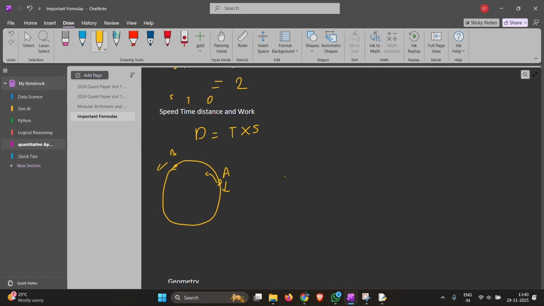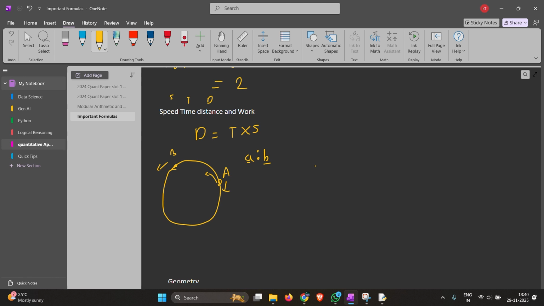But a simple way to solve these types of questions is this: let's say the speed of A is A and the speed of B is B, in the ratio A is to B, and A and B are co-prime. Co-prime means that they only share the factor 1.